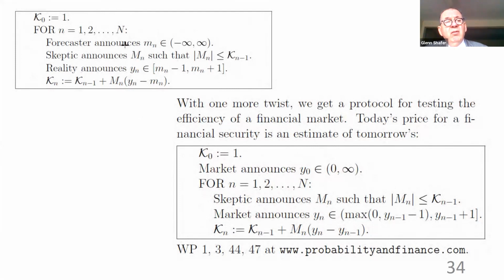So now we don't need the forecaster. Forecaster and reality are both replaced by the market. So the market is announcing the price today, that's Y, and the market also announced the price yesterday. So we take yesterday's price as our M.